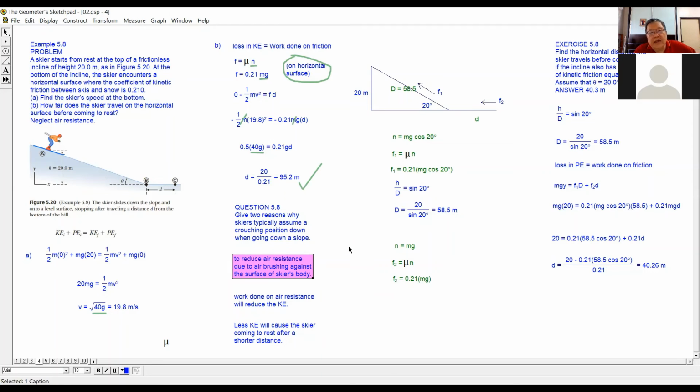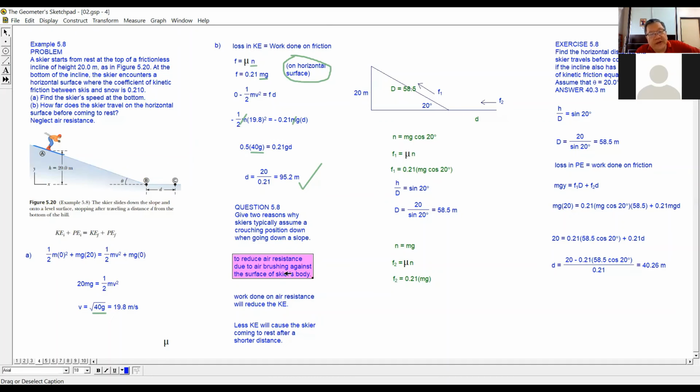Now, normally in a competition, they want to see who can travel the furthest. In order to do that, you must not waste your energy on friction. You try to reduce the friction so that most of your potential energy and kinetic energy will be conserved, enabling you to travel a further distance.